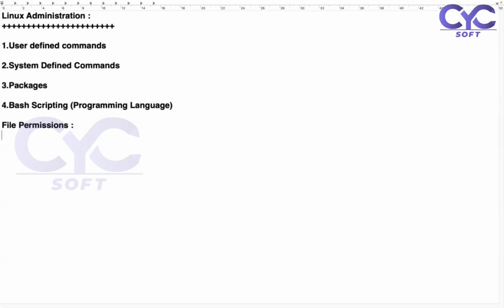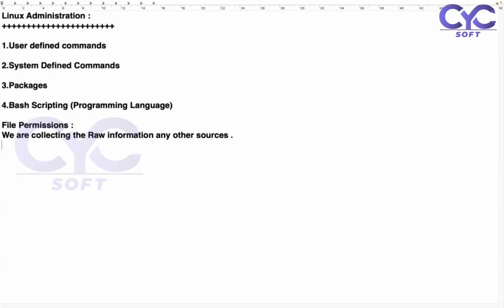In file permissions, we are collecting raw information from other sources.